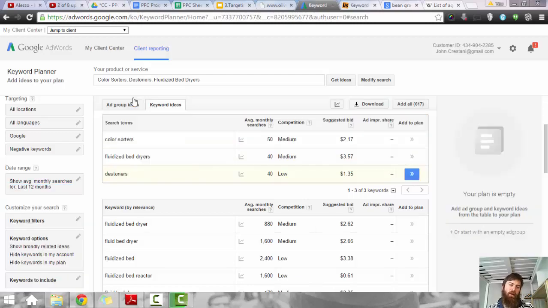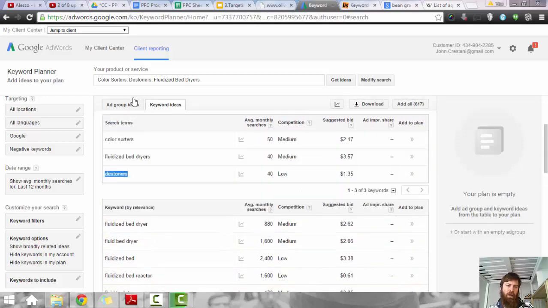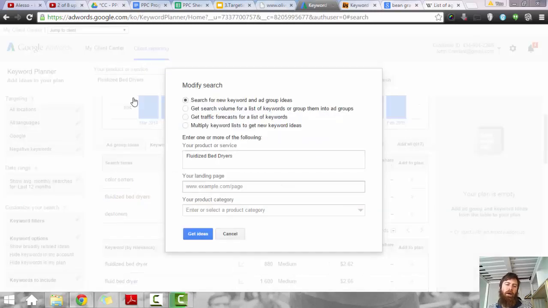I'd end up throwing these keywords in, and I'd create their own ad groups, or I'd put them all in just one ad group. But I'd most likely create their own ad groups for them, just fluidized bed dryers, and just riff off of that. Find out what other things are similar.